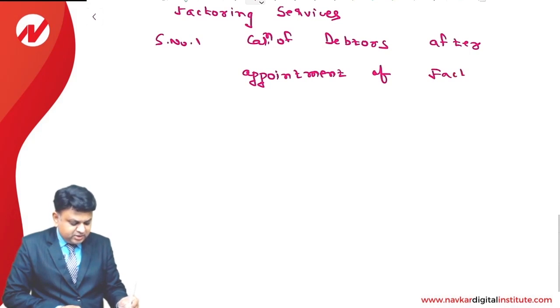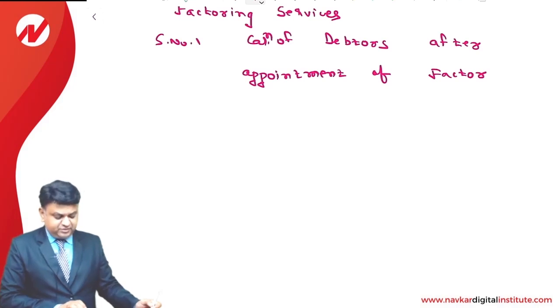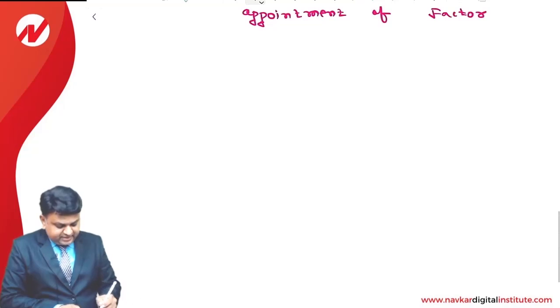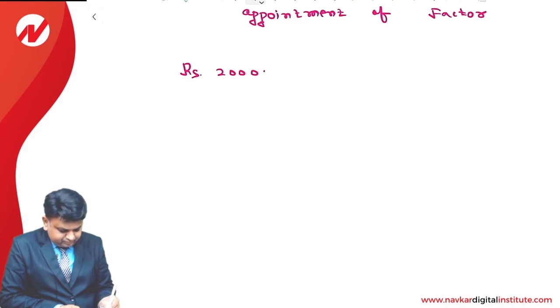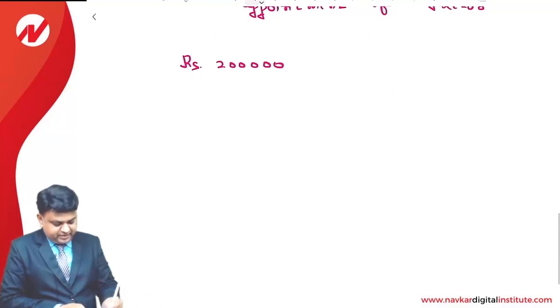Dear students, over here the question does not specify anything specifically about the amount of debtors after appointment of the factor, so we assume it to be same. That is an amount of rupees 2 lakhs. That is the amount of the debtors after appointment of factor.